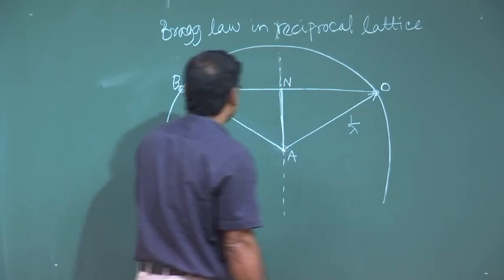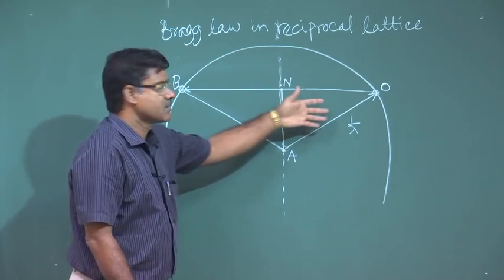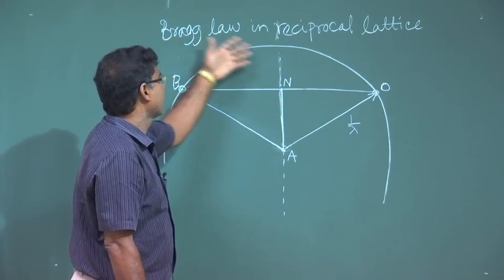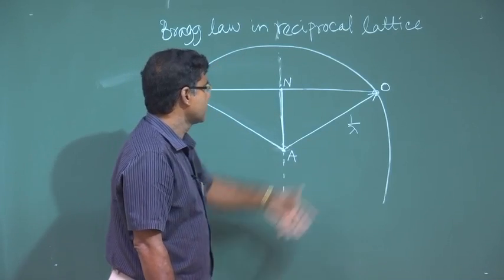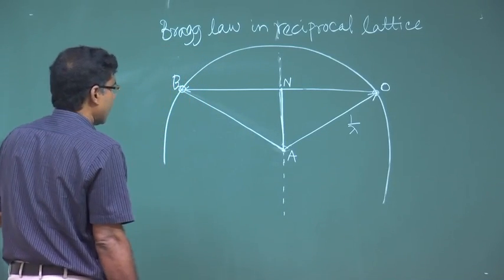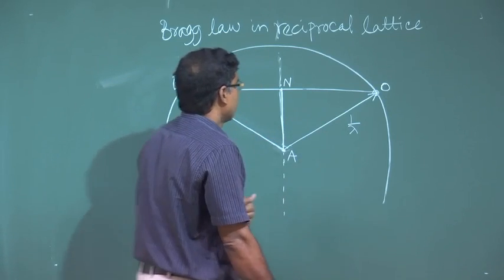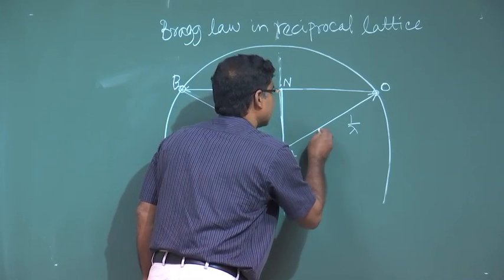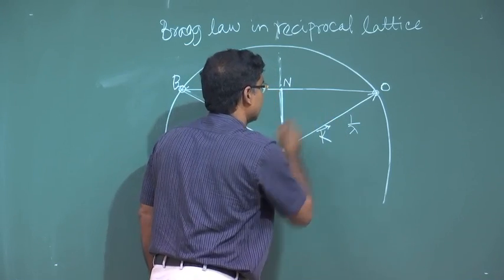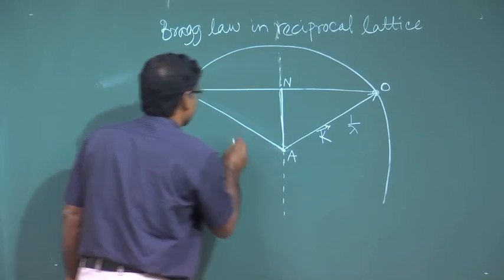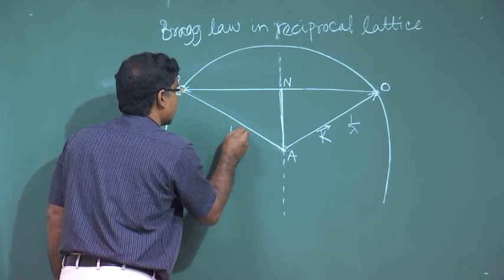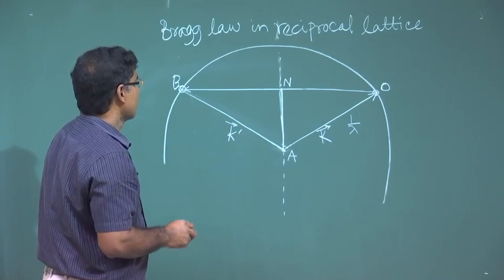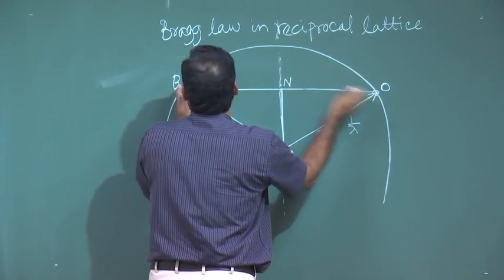Okay. So, here we have already discussed this Ewald construction. To show the Bragg law in reciprocal lattice, I need this figure again. So, here this is a vector k, this is a k dash vector, and this is another vector, say OB.